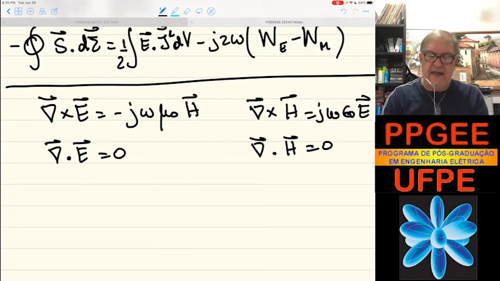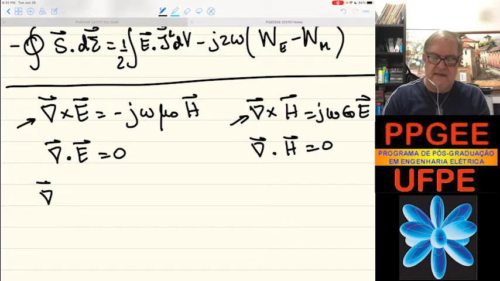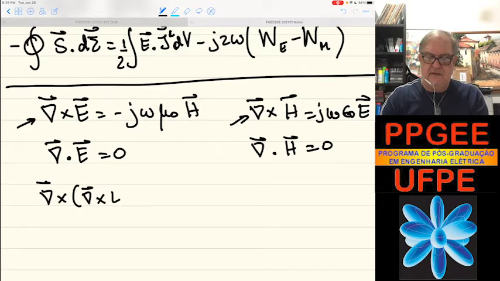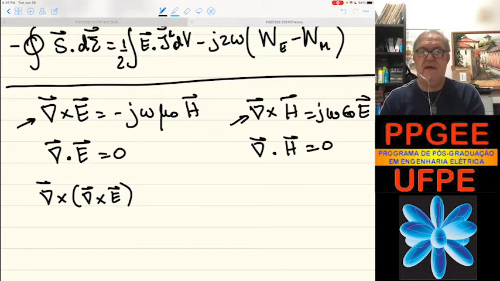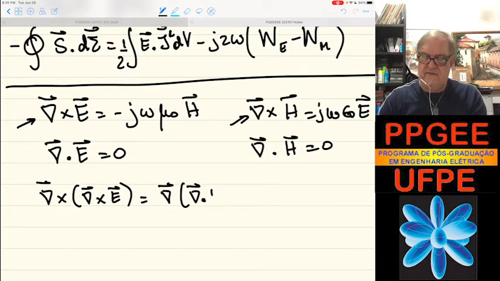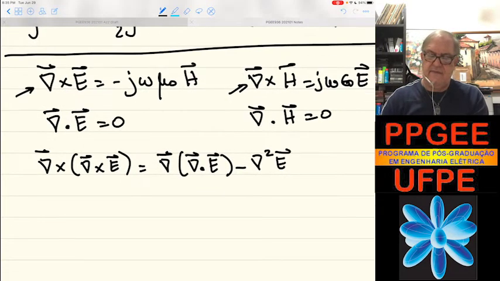So we can now apply the curl in either this equation or in that one. So we're going to have the double curl, let's say, on E. Okay, it's going to be gradient of divergence of E minus Laplacian of E, right?